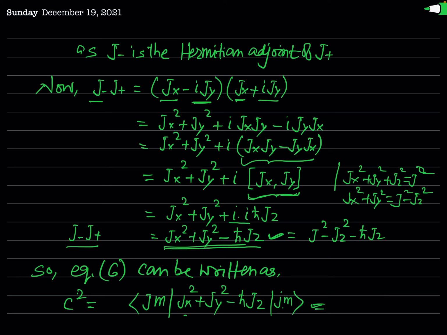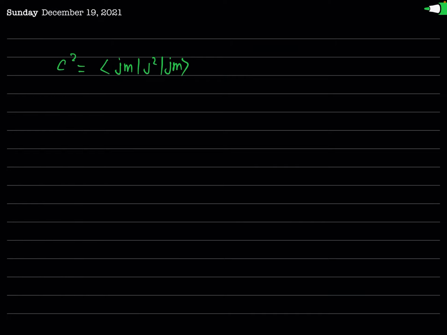So this can also be written as bra J m, J square minus Jz square minus h bar Jz, ket J m.